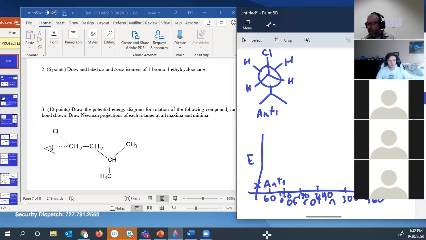Any questions? Okay. So then we move it around 60 degrees. I can choose either to move the back or the front. I'm going to leave the back the same and move the front around 60 degrees.